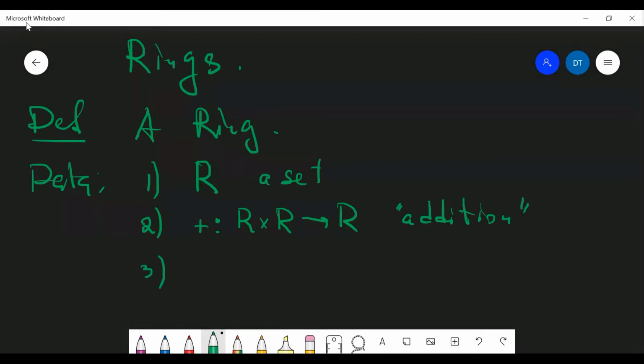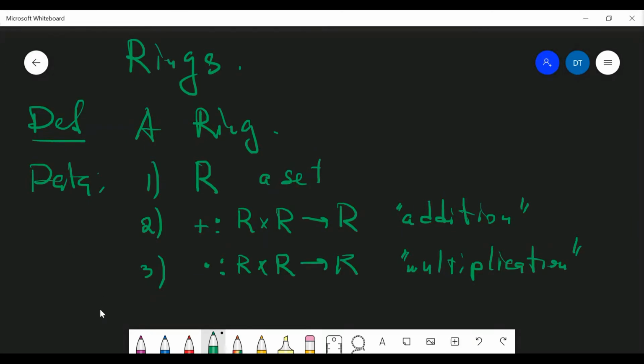And then I need a second operation, which will be denoted by the dot, and I will call this operation multiplication. So this is the data I need: a set and a pair of operations.